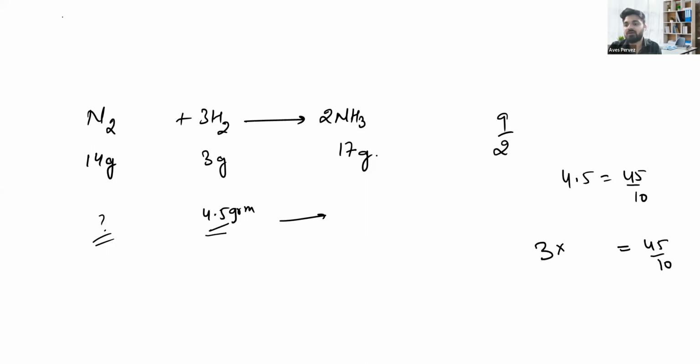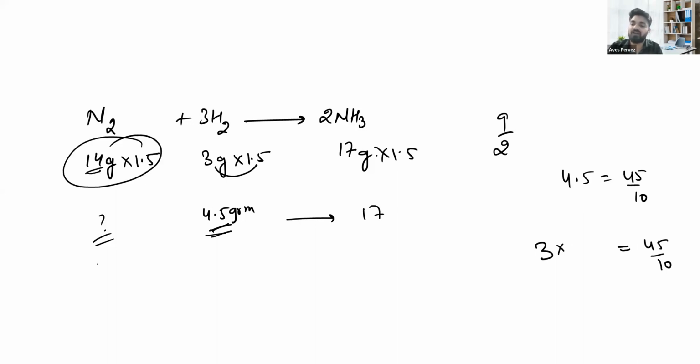Whatever I have to multiply, I have to multiply 17 with 1.5 as well, and 14 as well. So this one you have to multiply by 1.5 and this one also by 1.5, so that it becomes 4.5. When you multiply 14 by 1.5, full and half of it, you will get 21. Full of 17 is 17 and half of 17 is 8.5.